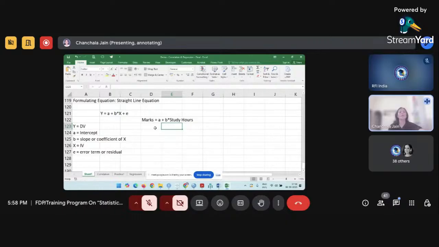Now, suppose I have the old records of the students for study hours and marks both. Using that, I will fit a line, meaning I will get the values of A and B, because these A and B will help you get the value of marks.